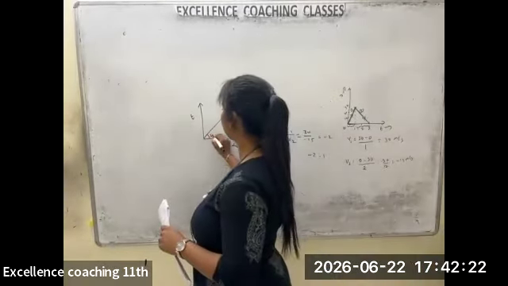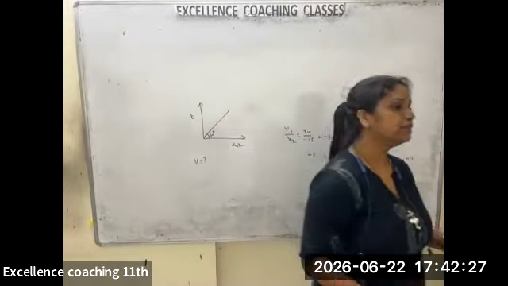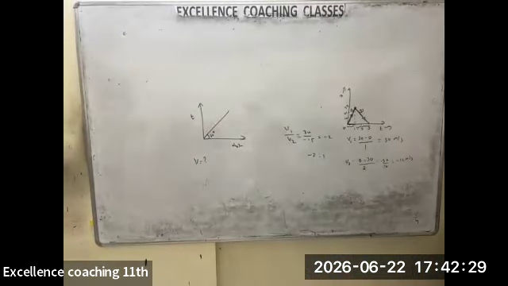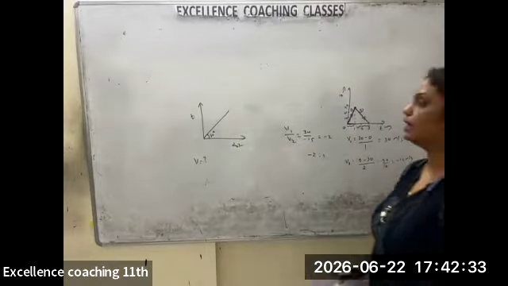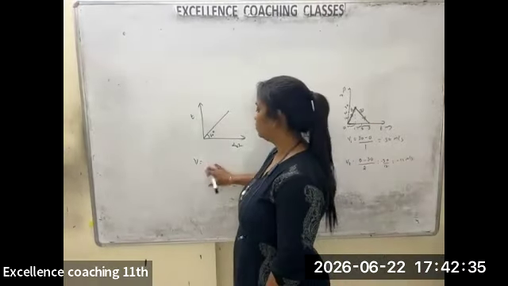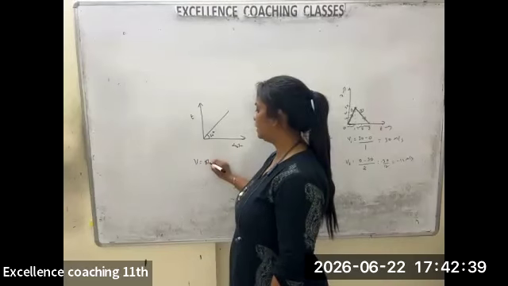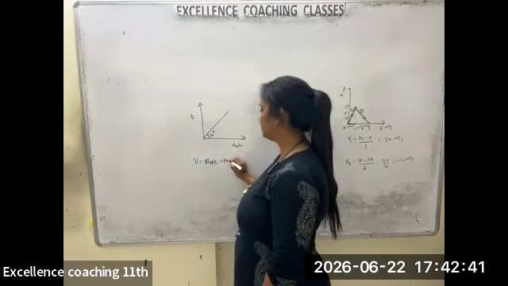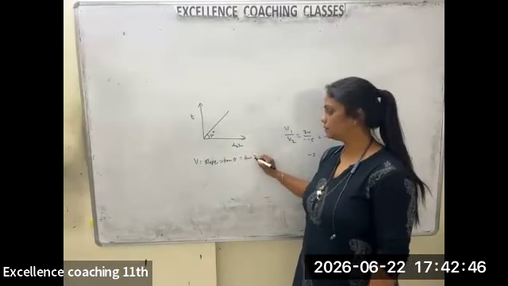They have asked you velocity. What of a displacement time graph gives you velocity? Slope. But look at the diagram carefully. Velocity is slope, right? Which is tan theta. Will you put tan 30 here?